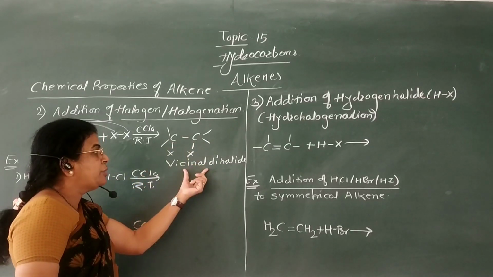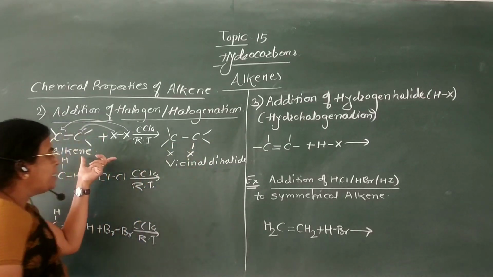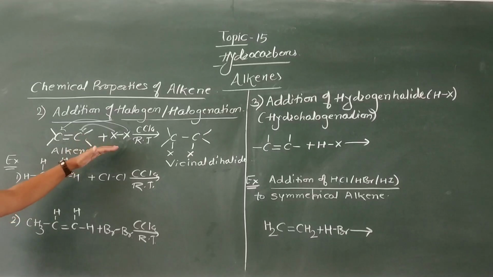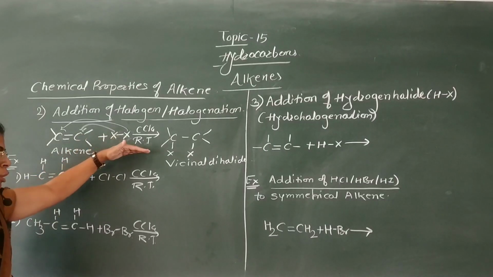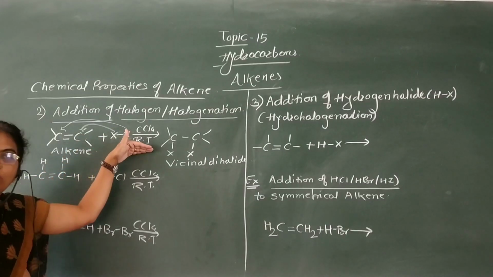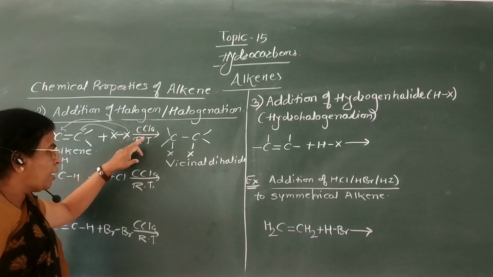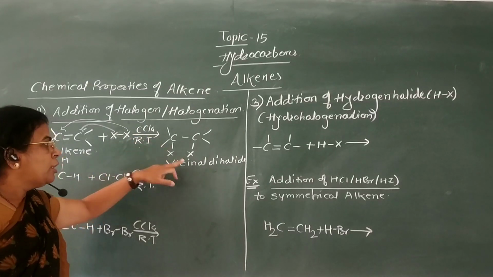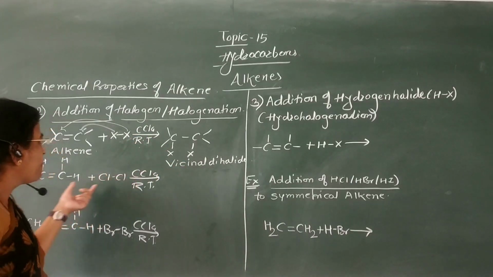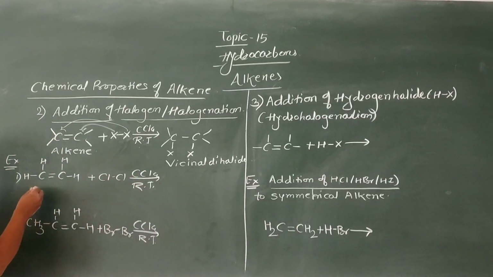Then it is called vicinal dihalide. This is the general reaction. That is, when alkene is treated with halogen molecule in presence of non-polar solvent like carbon tetrachloride at room temperature, it gives vicinal dihalides. Now for example, this is ethene.